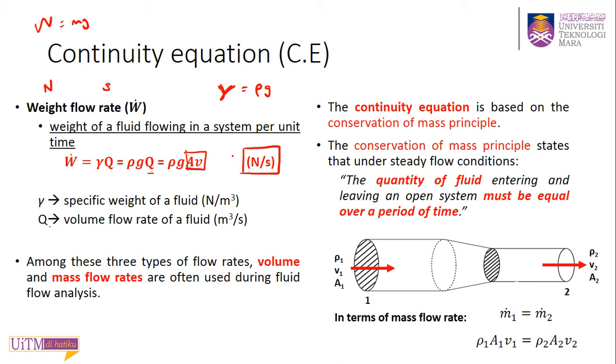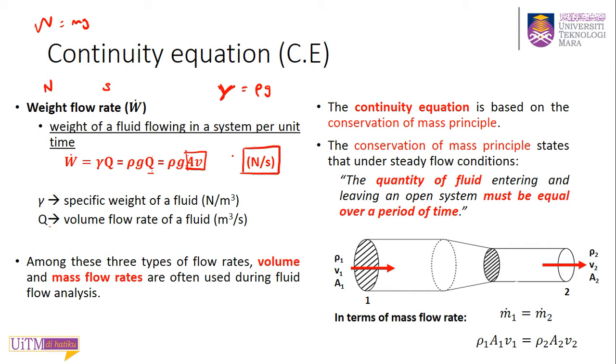Normally in continuity equation problems, they will ask you to find all these flow rates: the volume flow rate, the mass flow rate, and also the weight flow rate. You will find more examples in tutorials or past year exams. It is a very common question.